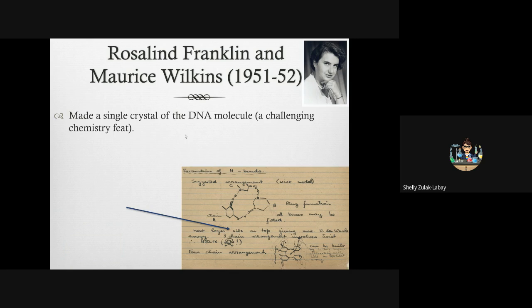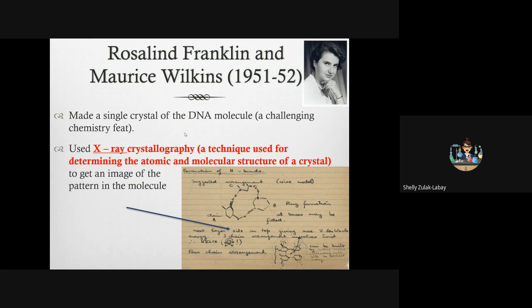She was able to extract the DNA out of those cells using the same procedure we talked about yesterday that Friedrich Miescher created, and she was able to remove the liquid and create a crystal of just the DNA from those cells. She used a particular technique in her laboratory called X-ray crystallography.